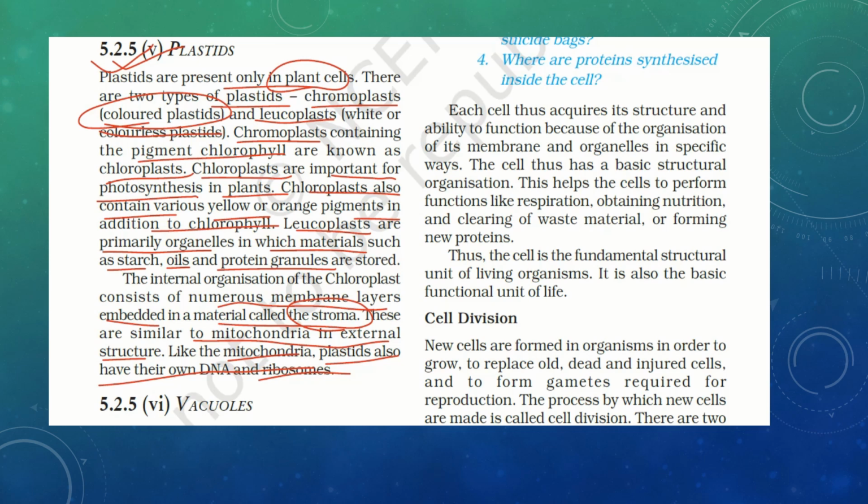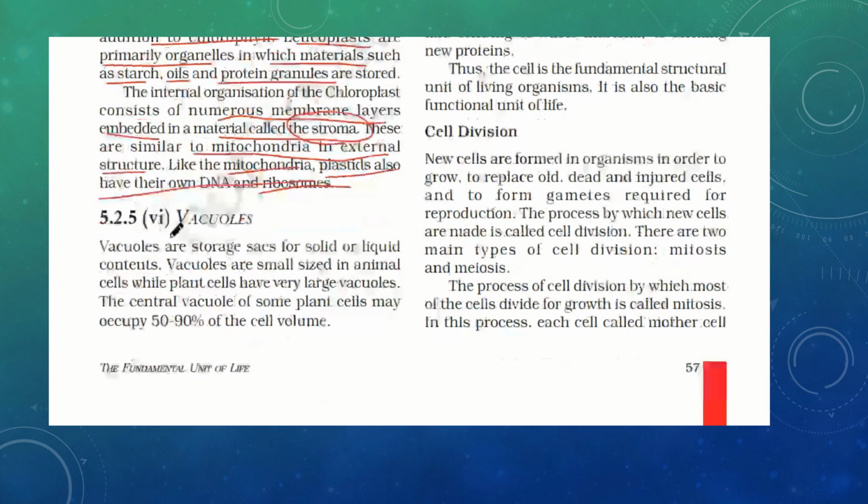Mitochondria do their protein synthesis on their own, and like that, plastids can also do protein synthesis on their own. Now we will move on to the vacuoles.